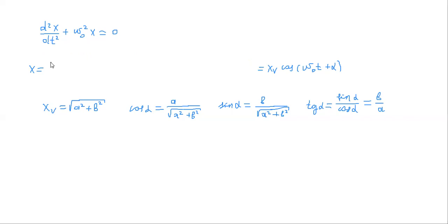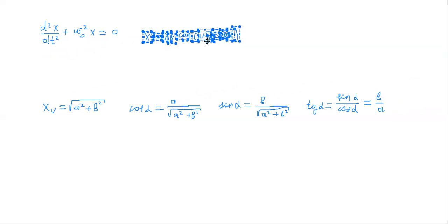We have obtained a formula that describes so-called harmonic oscillations. What are harmonic oscillations? Harmonic oscillations are oscillations that can be described by cosine or sinus. So this is the formula for harmonic oscillations.